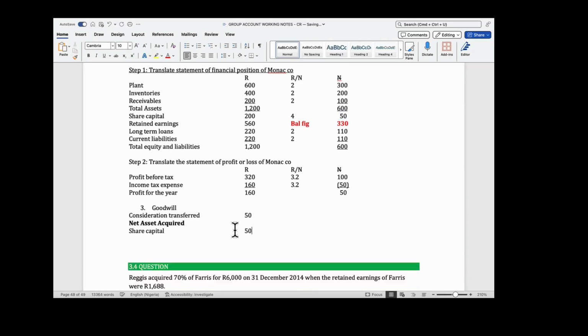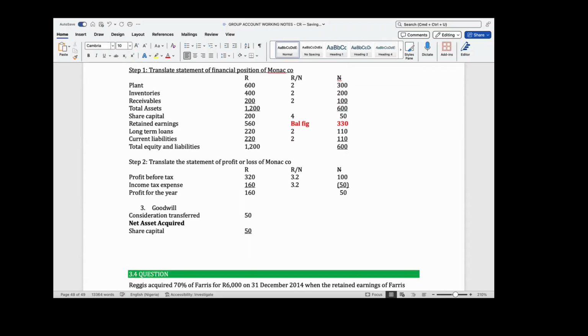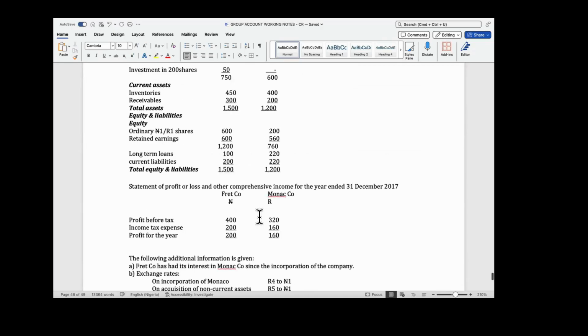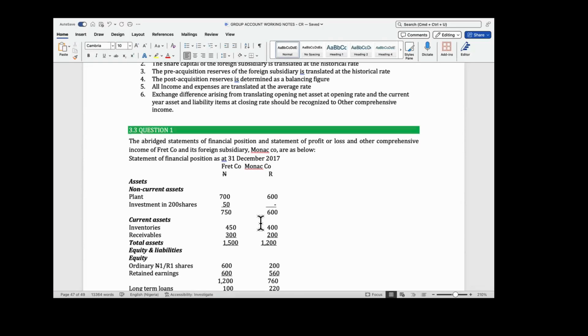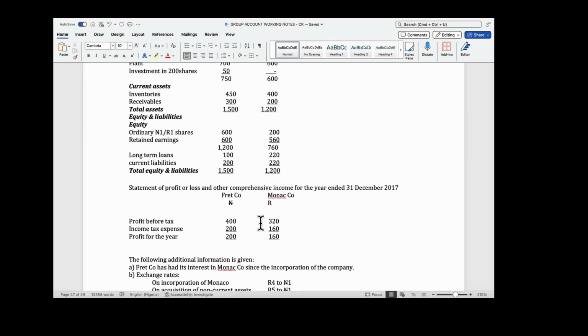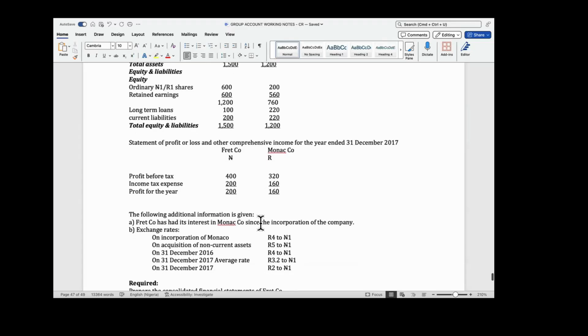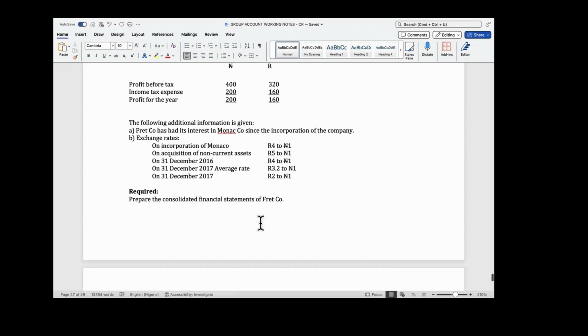That means the goodwill is nil. I didn't bother putting NCI here because the parent has 100% holding in this subsidiary. He acquired all the shares. We don't have any non-controlling interest.